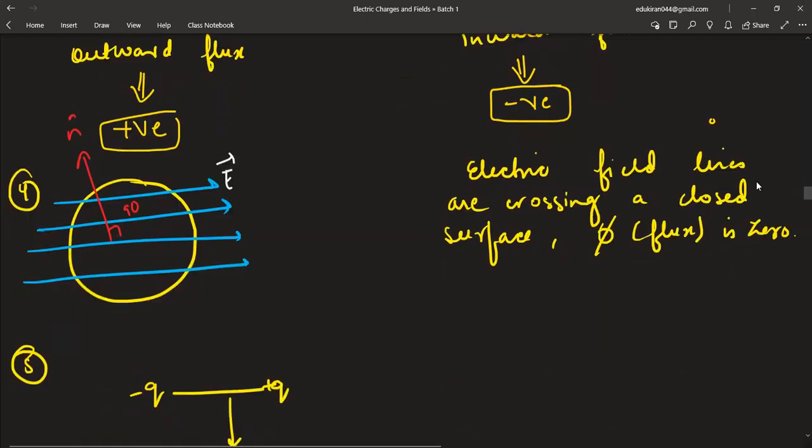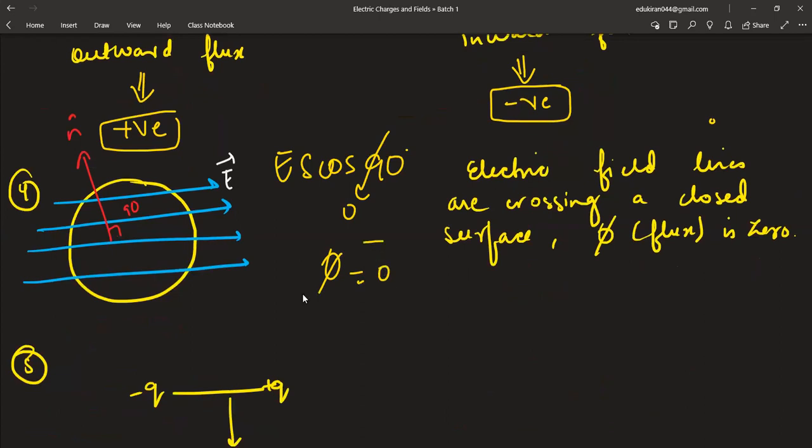Then fourth point we have. Fourth point means that if suppose electric field is just crossing, not penetrating, it's just crossing. So see, our area vector will make an angle of 90 degree with the electric field. So ES cos 90 degrees, this becomes 0. So flux also becomes 0.